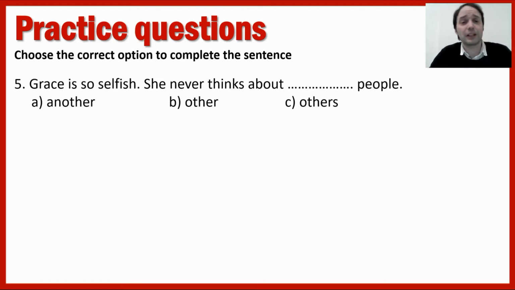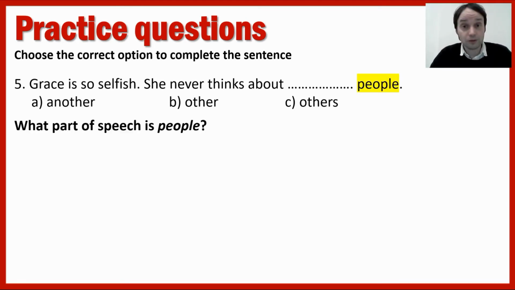Grace. She's so selfish. She never thinks about people. Okay, so we're looking at people. So the word after the space. What part of speech is people? Is it a verb? No, it's a noun. Of course it is.